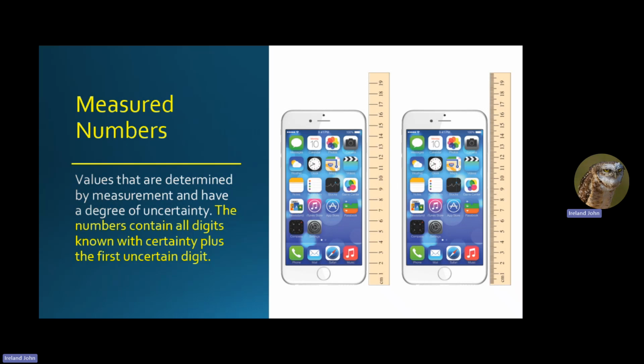So using that first ruler, the best I can do is say 16.4-ish, right? When I get to that second one, I can now see that it's 16.5-ish, maybe a little bit more than that. So 16.512, something like that, right?